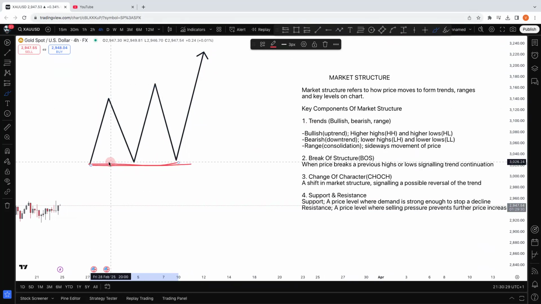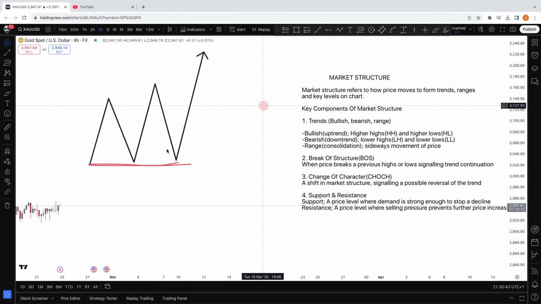The amount of orders, the demand here, is so strong that it prevents price from breaking down to give the sellers the advantage in the market. So we refer to this zone as the support zone. The support always prevents price from dropping further.